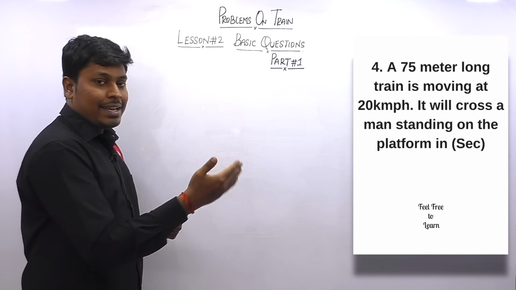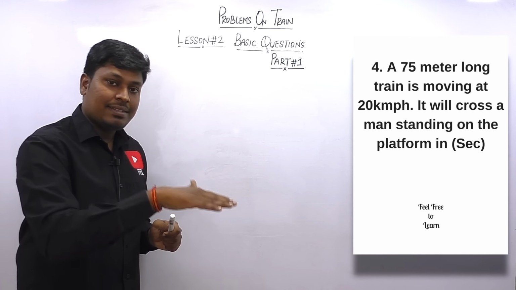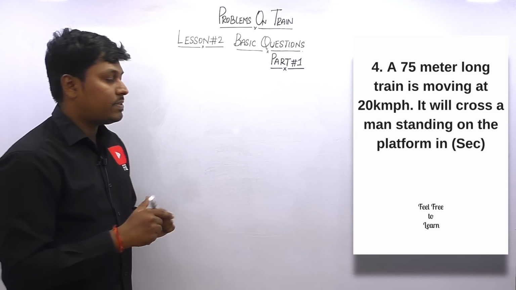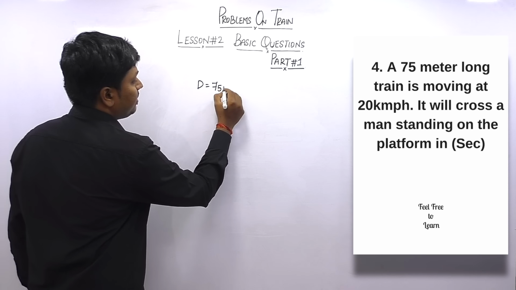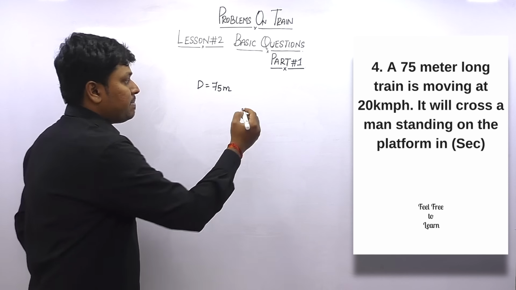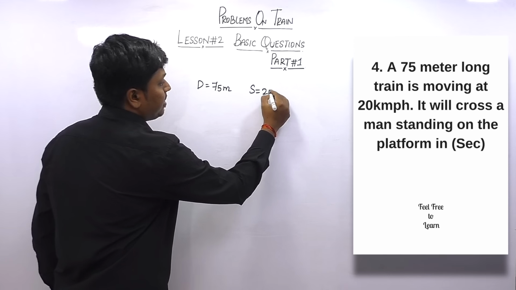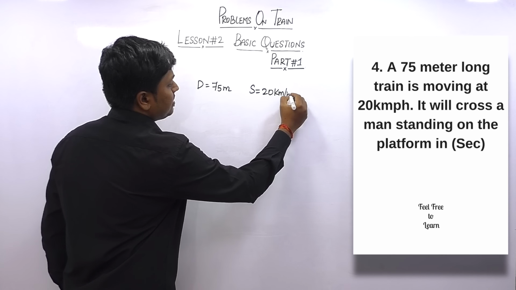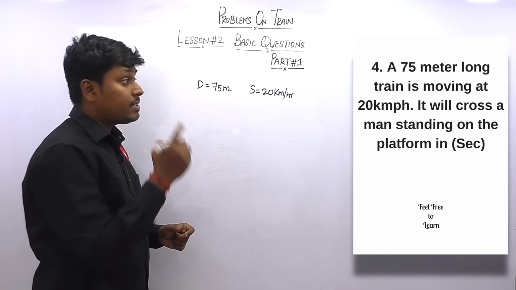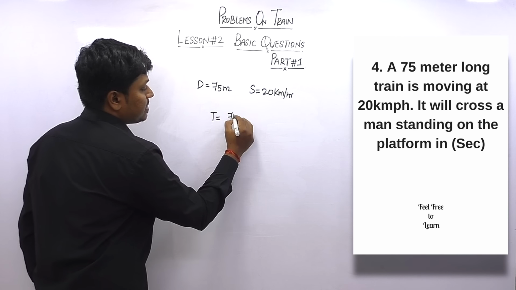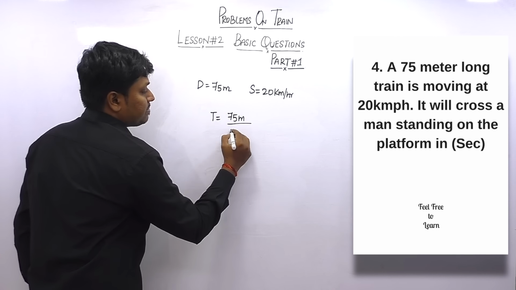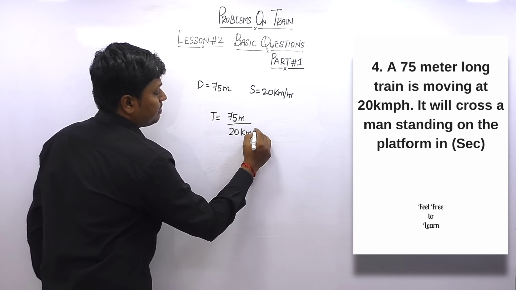So if a train crosses a standing man, then the distance traveled by the train is equal to length of the train. So distance is equal to length of the train, which is 75 meter, and the speed is also given, 20 kilometer per hour. Using this data, our target is to find the time taken, in seconds, right? So time is equal to distance divided by speed. So 75 meter divided by speed, which is 20 kilometer per hour.